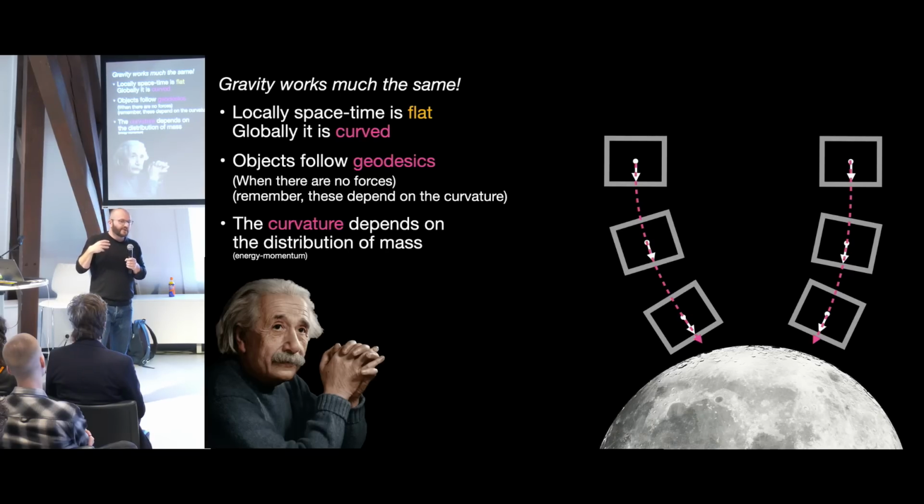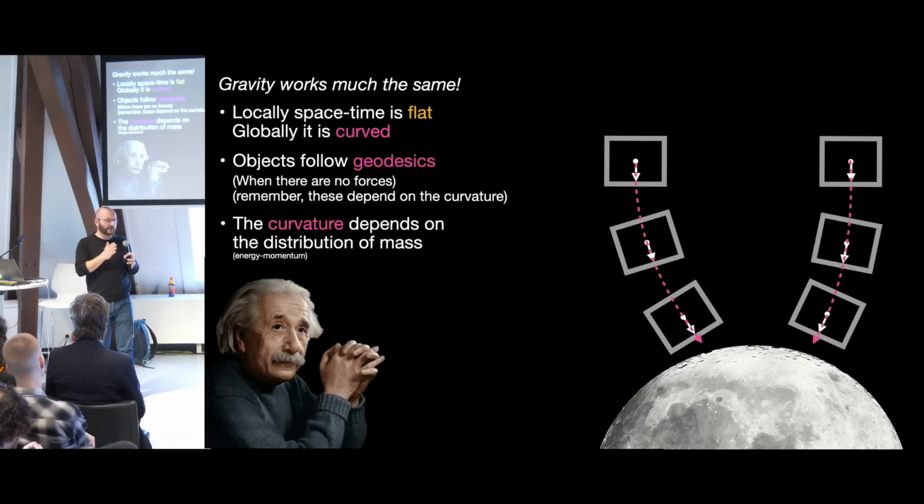And then the whole other part of the theory is that there is a coupling. So you have stuff that's in a space that's curved. How stuff moves depends on how the space is curved. But how the space is curved depends on what's in there.